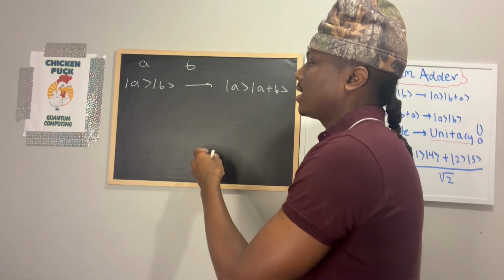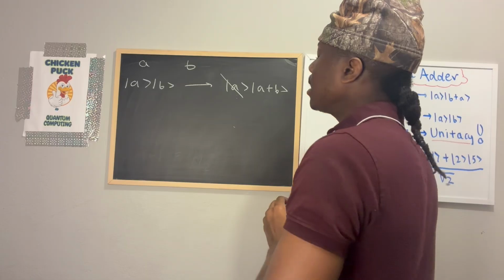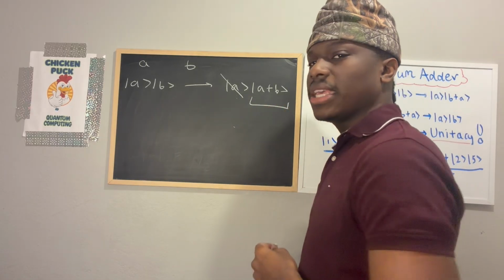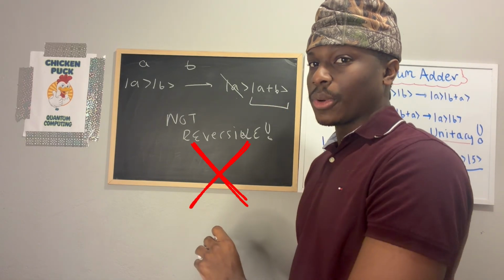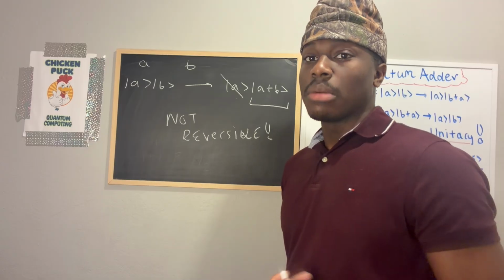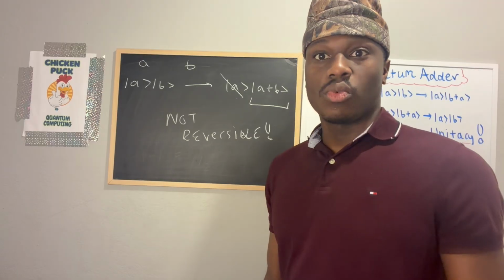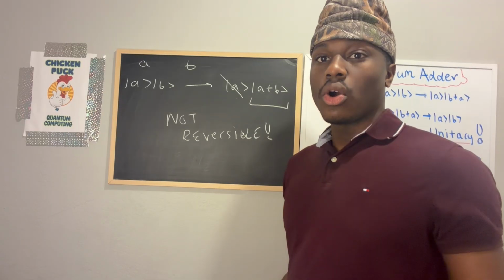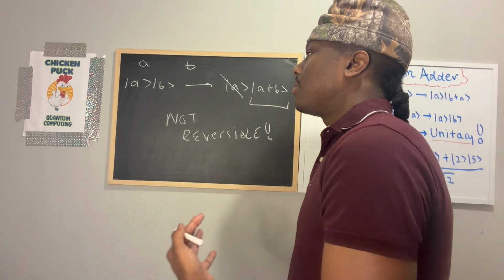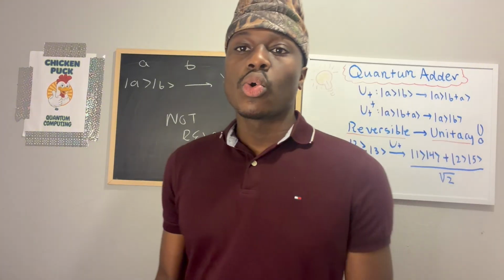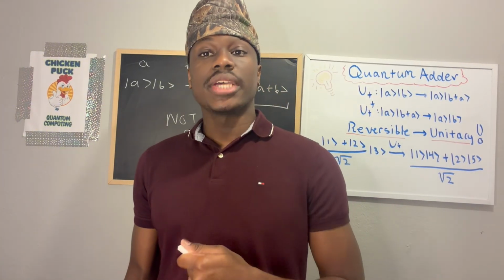Hypothetically, if I took out this A and just left A plus B, this is not reversible. For example, if I told you the sum is 5, how would you know what the inputs were? They could be 4 and 1, or 2 and 3, or 5 and 0. So essentially, we've lost information. Quantum gates are required to be unitary.